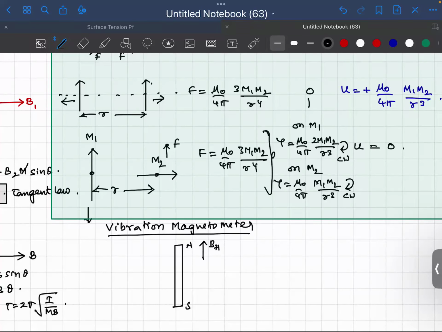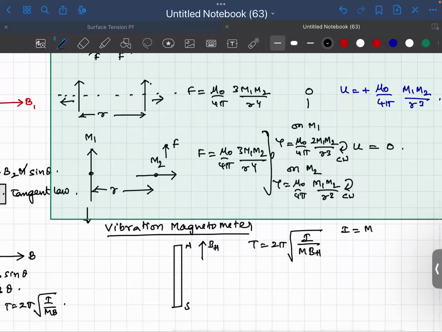You will disturb that, and it will perform oscillations. The time period of oscillation is 2 pi root I by MBH. I refers to the moment of inertia. Almost, you can take it like a rod, M L square by 12. And the magnetic moment, you know.